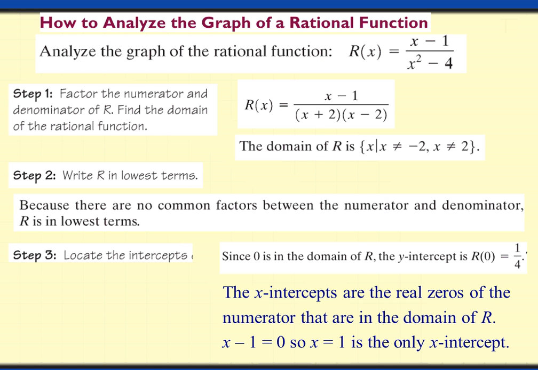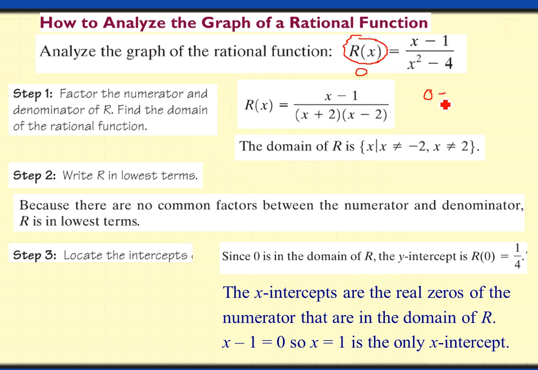Now, to find the x-intercepts, we let y be equal to 0. And y, of course, let's keep in mind, y is really this r of x. Okay? So if that's 0, we have 0 is equal to this fraction. Well, as we go to solve that equation, we'd find by multiplying both sides by the denominator, we'd end up with 0 is equal to x minus 1. And that should really tell us something pretty important.